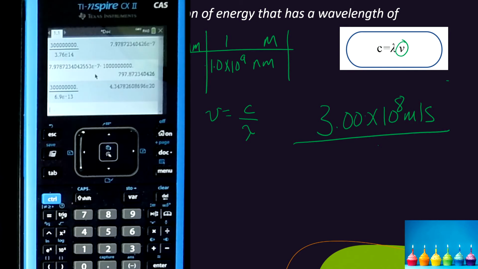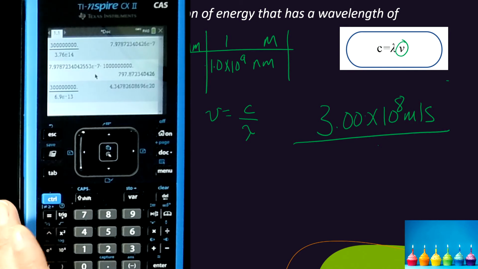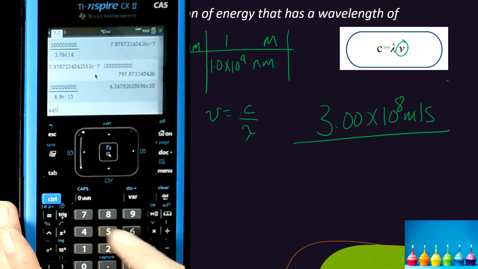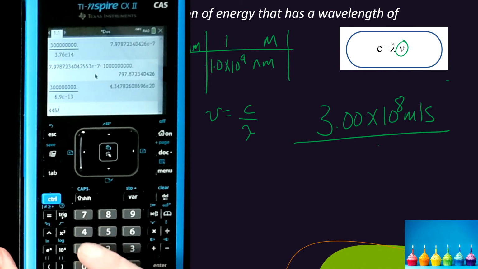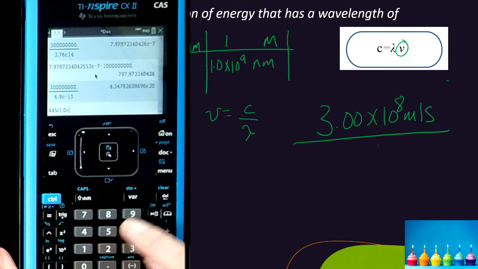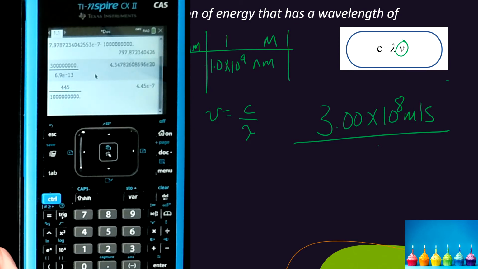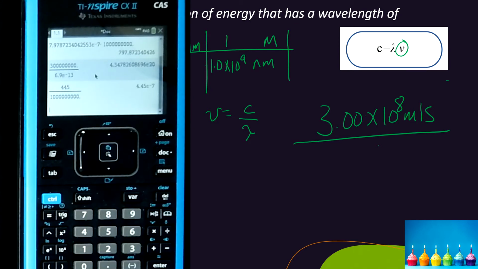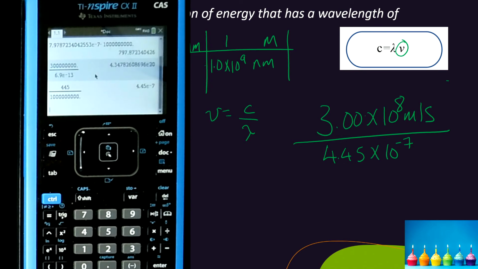Grab our calculator. So we have 445, and we are dividing by 1.0 E9, giving us 4.45 raised to the negative 7. So 4.45 times 10 to the negative 7, and that will be meters.